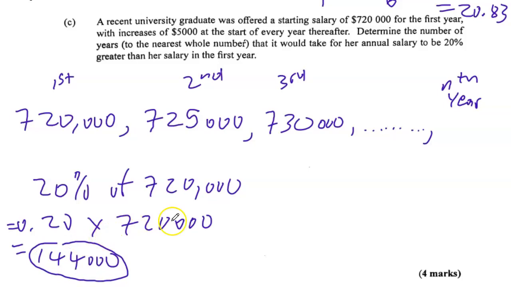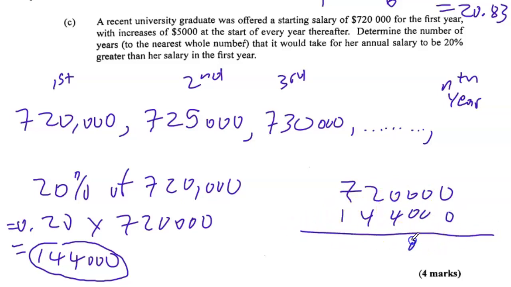And if I add this to 720, I end up with $864,000. So we want to find out how many years it took for the salary to increase from $720,000 to 20% greater than her salary in the first year.